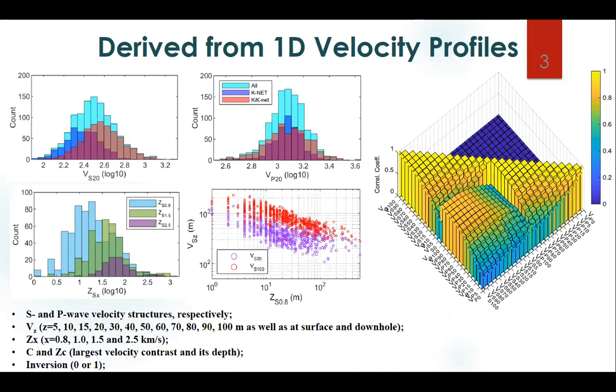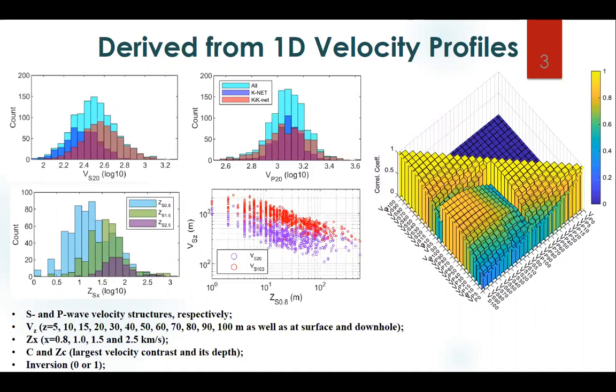The first category of site proxies is derived from available 1D velocity profiles. We have both S-wave and P-wave velocity profiles for these stations, and we derive relevant parameters separately. So the profile-based parameters are firstly average velocities to different depths, as well as the velocity at the ground surface and at the downhole.